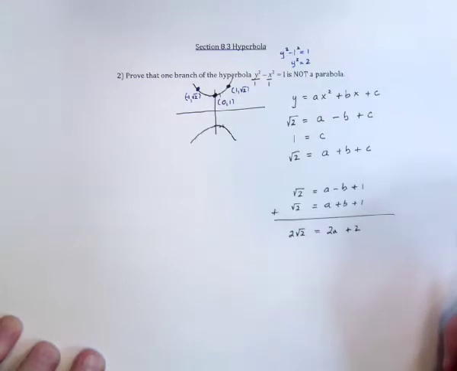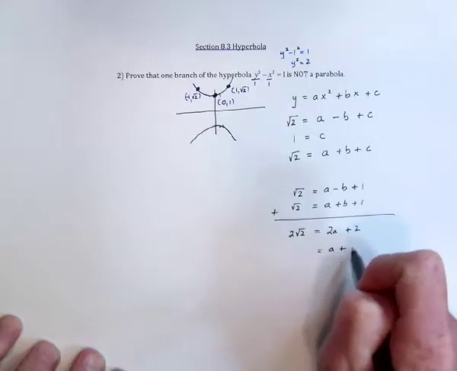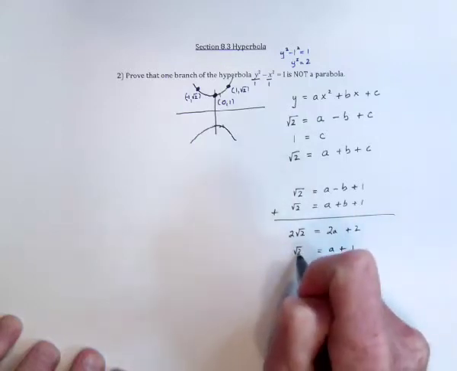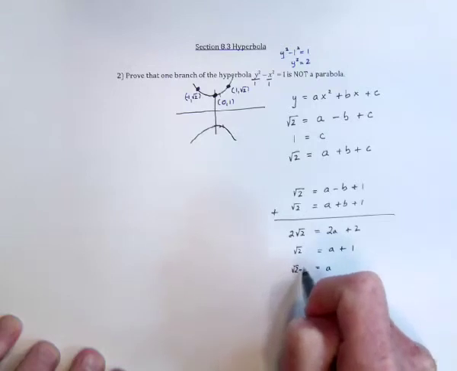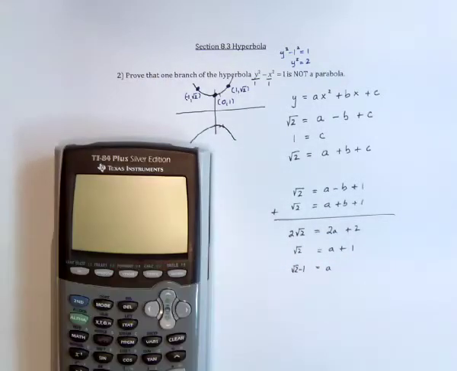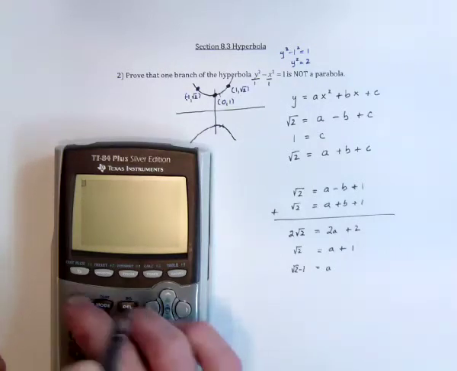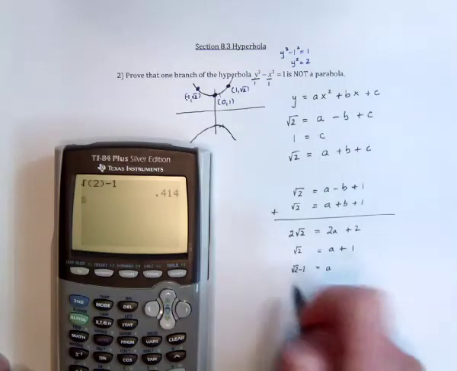The b's are gone. And now divide everything by 2, and we've got that a plus 1 equals the square root of 2. So a is equal to the square root of 2 minus 1. So the square root of 2 minus 1, 0.414.